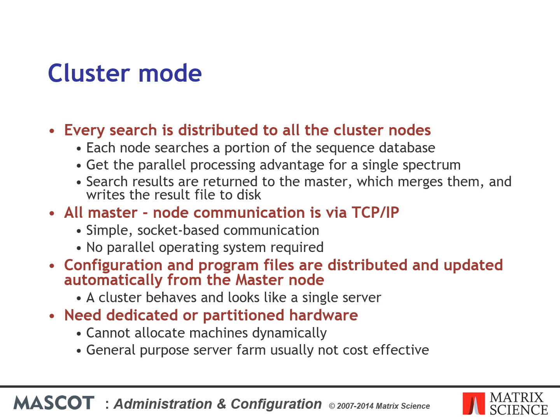If you want to run Mascot on machines which are part of a larger cluster, it is best to partition off a number of nodes, either for exclusive Mascot use or where Mascot has absolute priority over other processes. Mascot cluster nodes cannot be dynamic because of the size of the database files. The time taken to move these files between machines, or even just in and out of memory, would always be unacceptable.